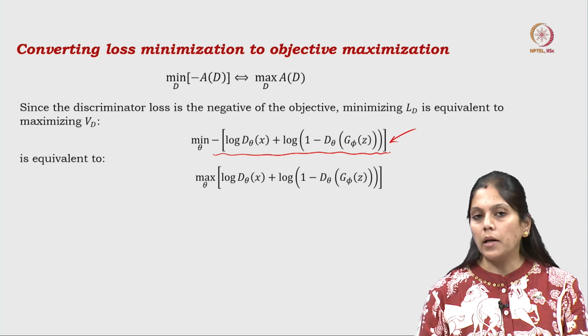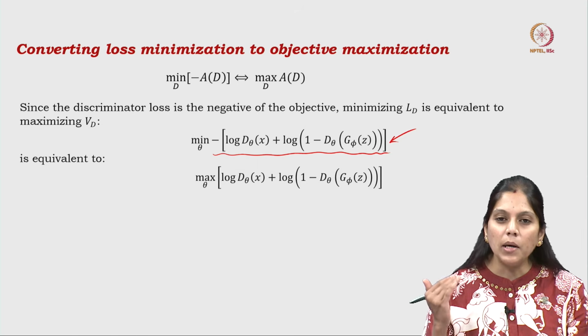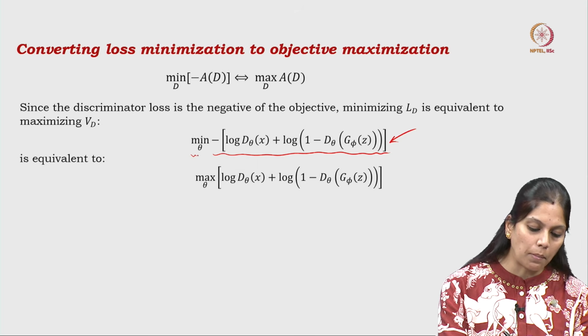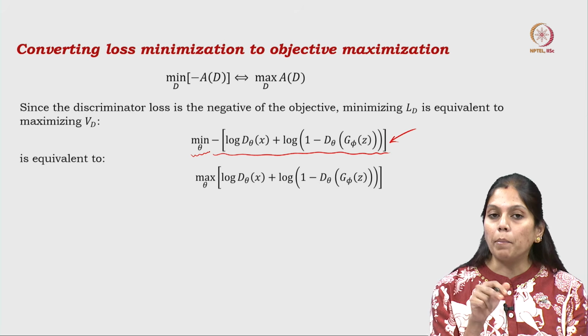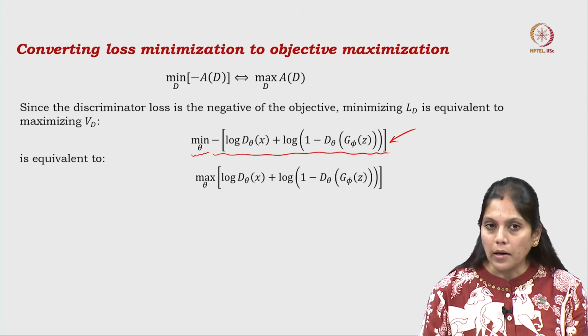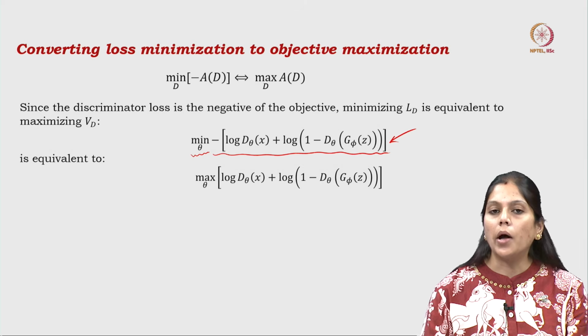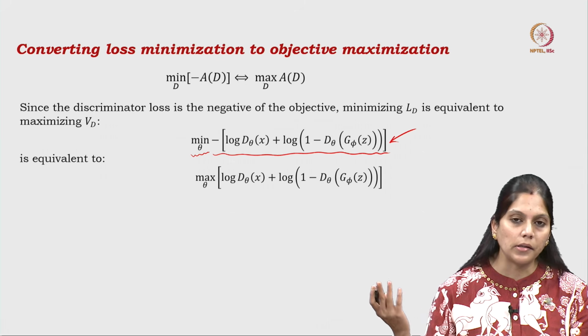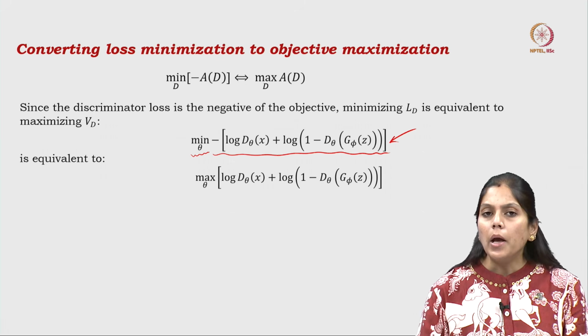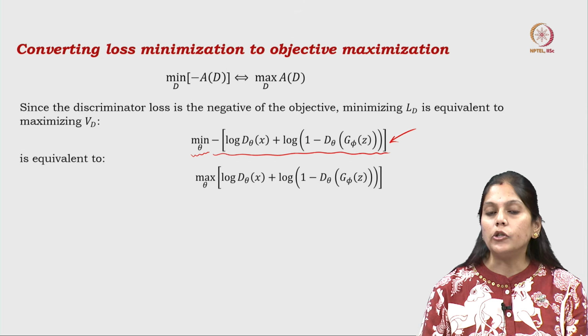What is our ultimate aim of a neural network? The aim is to minimize the loss. Therefore, minimization with respect to the parameters theta, and the theta here are weights and bias if it is a simple neural network, or it can be the kernel weights if it is CNN based. Now, minimization is equivalent to maximization.